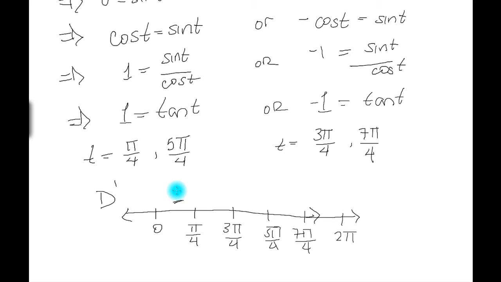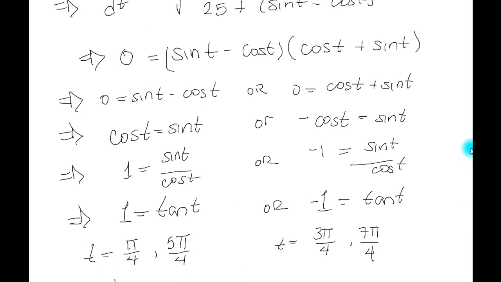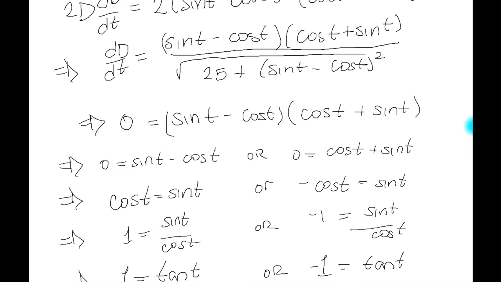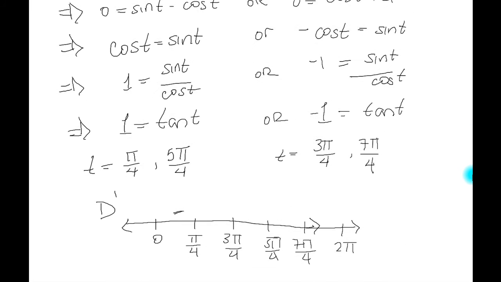Now choose a value between pi over 4 and 3 pi over 4. Pi over 2. And plug it in the derivative. Sine of pi over 2 is 1. Cosine of pi over 2 is 0. So that's positive. So positive times positive gives us positive.